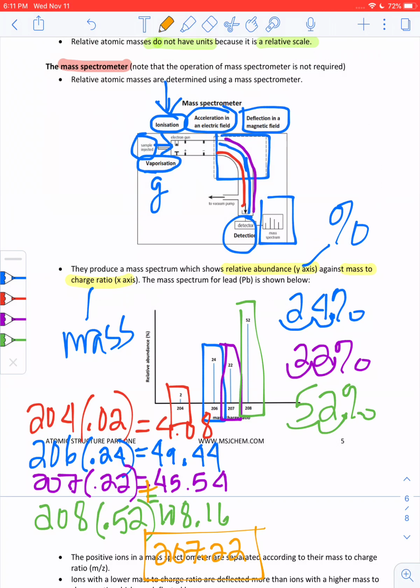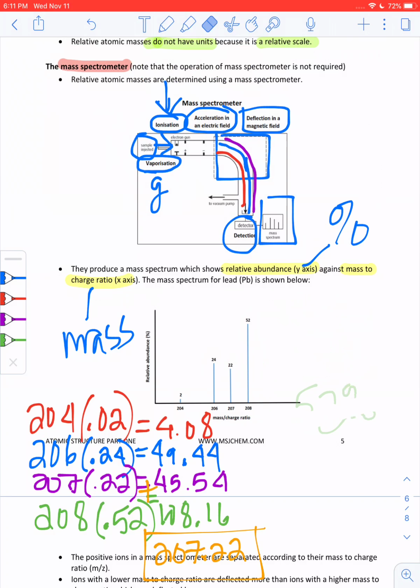It's just 207.22. Now, a couple other things you could be asked about average atomic mass questions like this, or relative atomic mass. If you are shown this graph, they might ask you a question like, which of the isotopes is the most abundant? If they ask for the most abundant, you are looking for which one has the highest peak, because that's got the highest percentage, and it's this one right here.